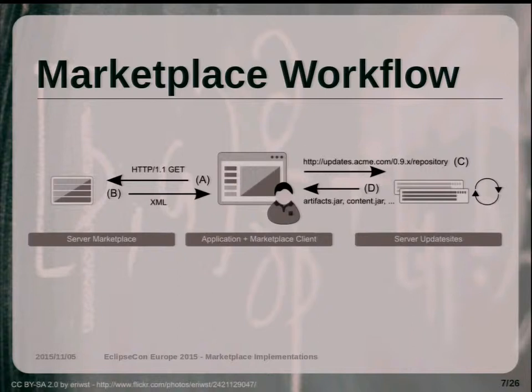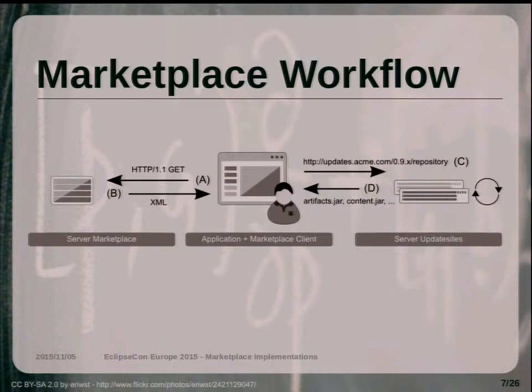So when your application, seen in the middle, you as a user, open the marketplace, the following thing happens. You have a GET request to a marketplace server, which is somewhere. Maybe you don't know where it is, but the application knows.